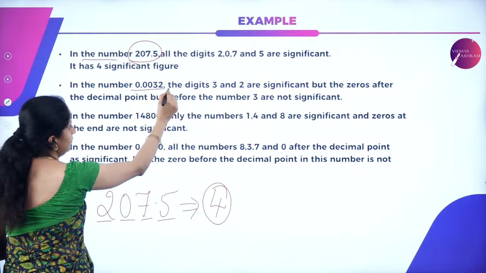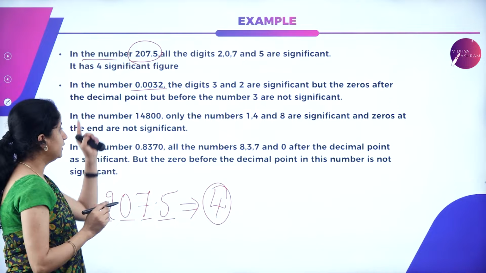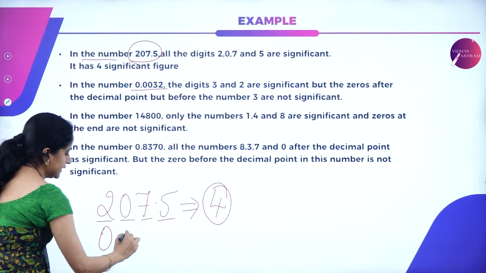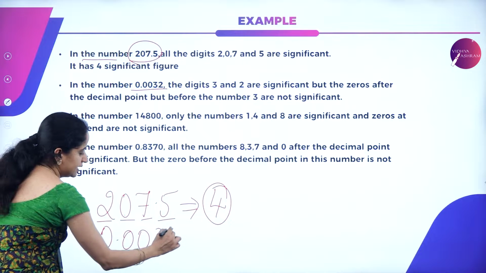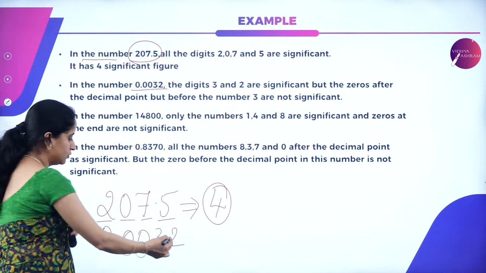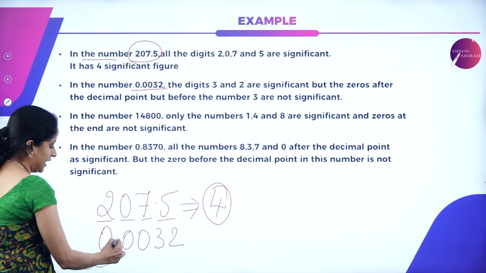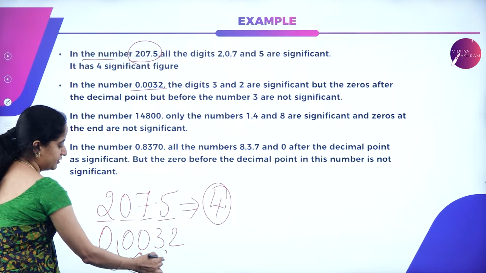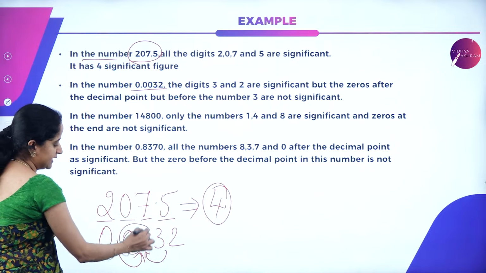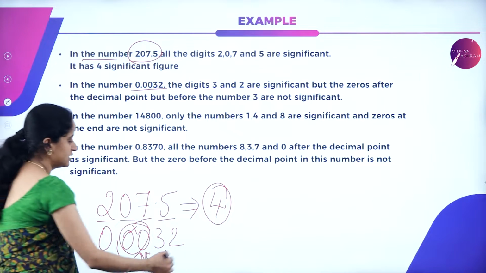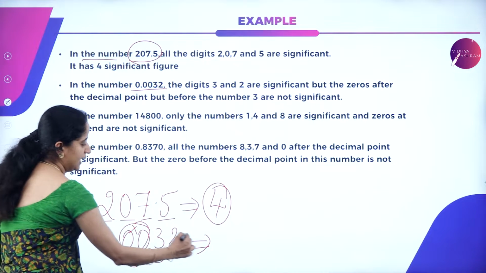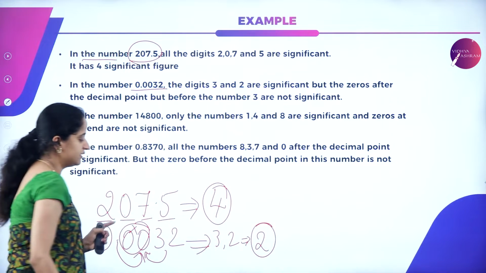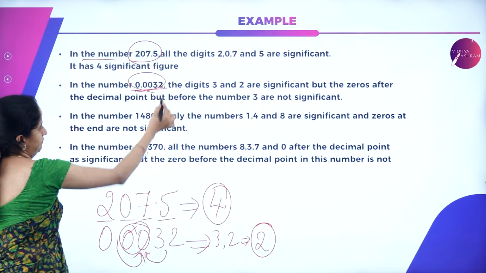Next, in the number 0.0032, 3 is a non-zero digit, 2 is a non-zero digit, but after the decimal, the zeros right of the decimal point and left of the first non-zero digit are considered as not significant figures. So only 3 and 2 are significant, and hence we have 2 significant figures in this example.